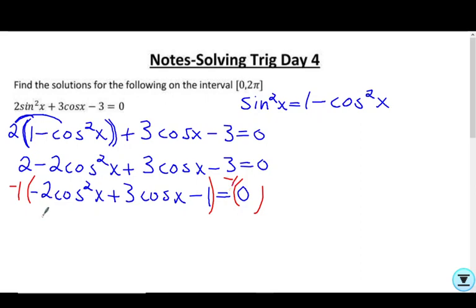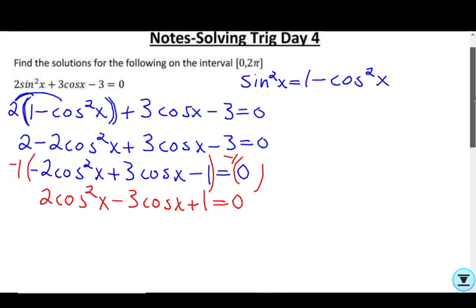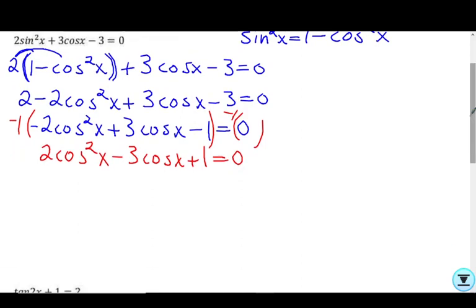And what that does is it changes the signs on all of my terms. But it allows me to change that first term to be positive. And now it's just a really easy trinomial factoring problem. So my first term is 2 cosine squared.